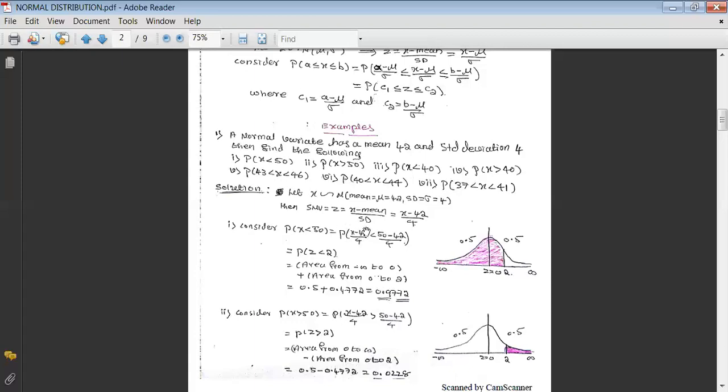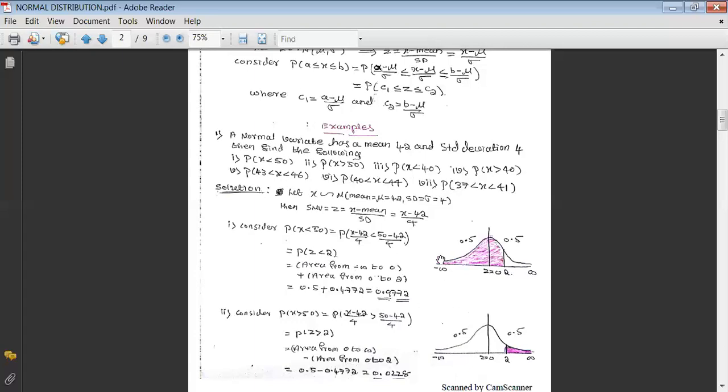In this case, mean is 42, we subtract throughout, and standard deviation is 4, and we divide throughout. Now x minus 42 divided by 4 is your z, and this becomes less than 2, because 50 minus 42 is 8, and 8 by 4 is 2. Now here we have to calculate the probability of z less than 2.